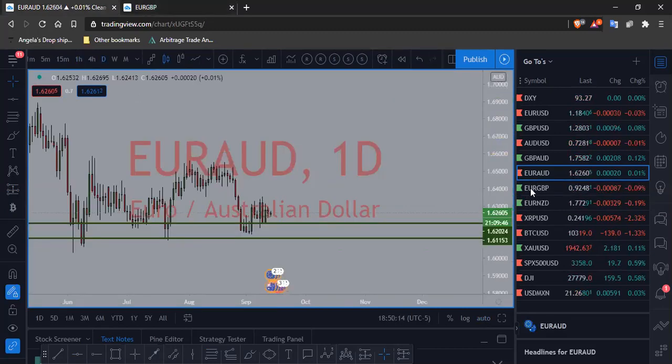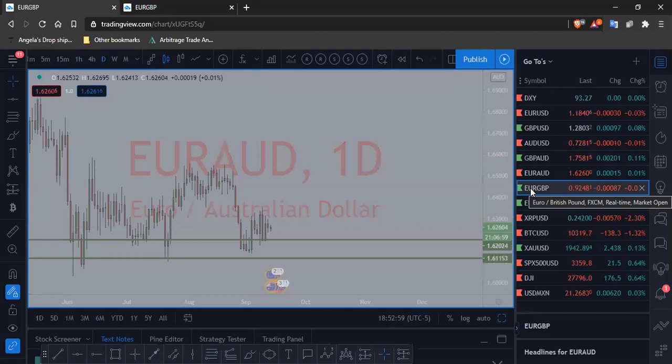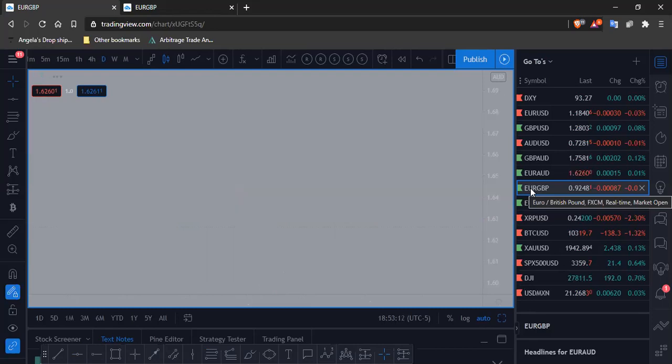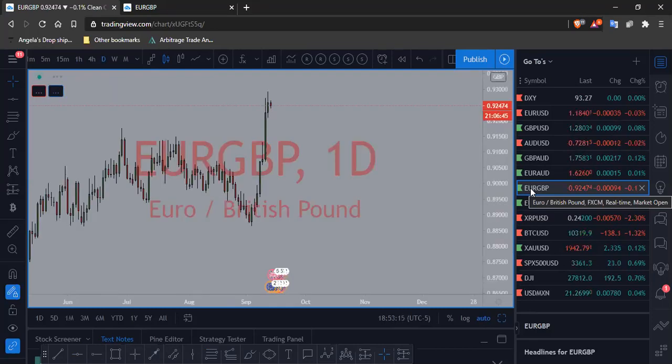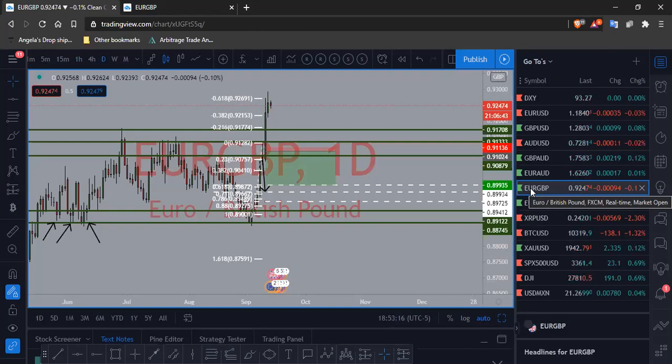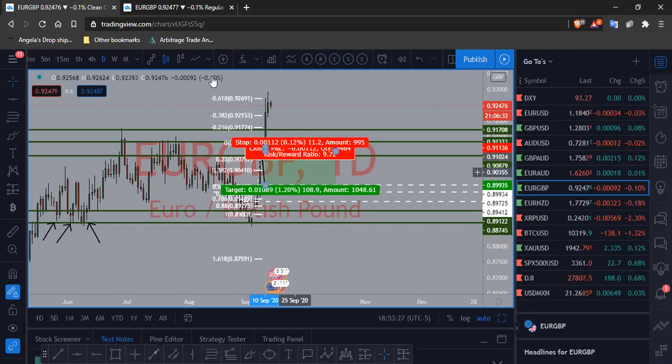So EURGBP is next. All right. EG destroyed this trade idea that I had.